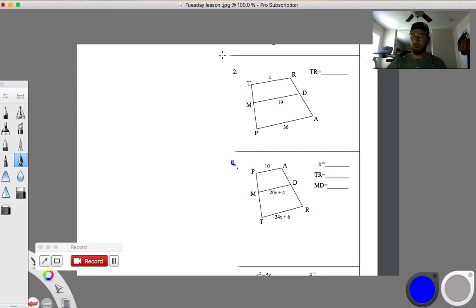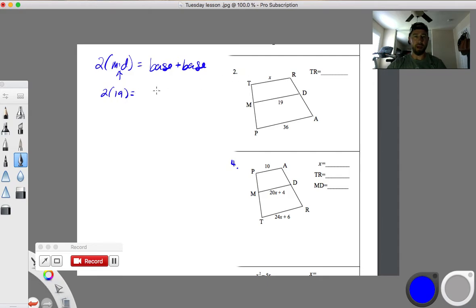Okay, now it's 2 times middle equals base plus base, right? That's our go-to formula for these trapezoids in the mid-segment. So what's our middle? Our middle here's 19. So I'm going to put 19 right here. 2 times 19 equals base plus base.